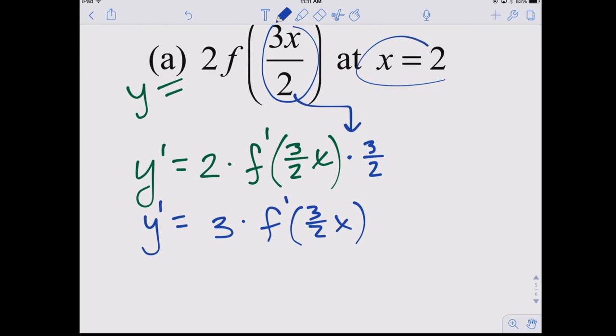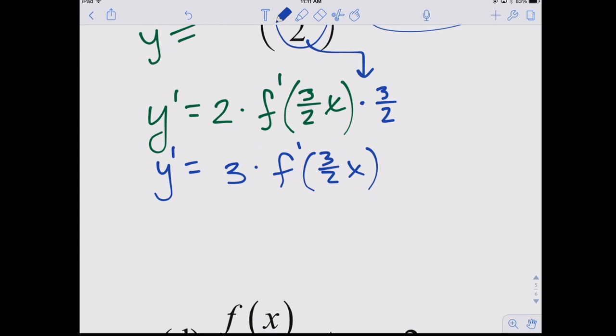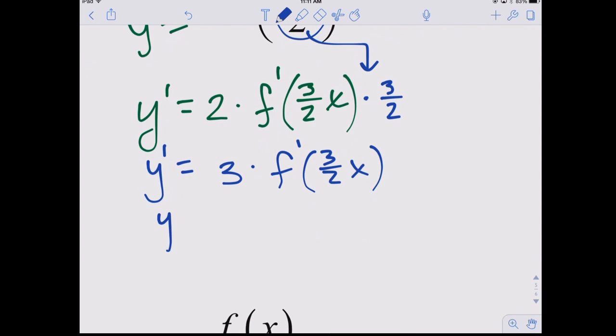Now we can evaluate it at 2. And this is another reason setting it equal to y is nice. We can just say y prime of 2. We can kind of use the function notation there. And we get 3 times f prime of, now when I plug in a 2 for x, what do I get on the inside? A 3.